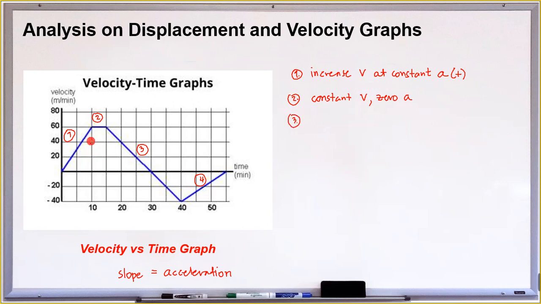Now for number 3, you notice the slope is negative, so the velocity decreases and becomes negative. Meaning the acceleration decreases; it slows down, it decelerates, because the slope is negative.